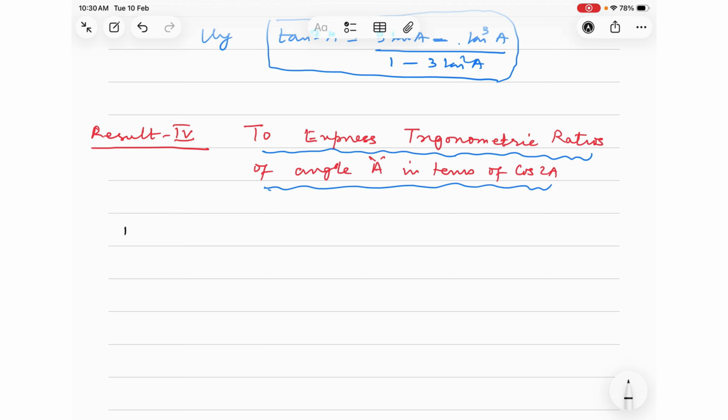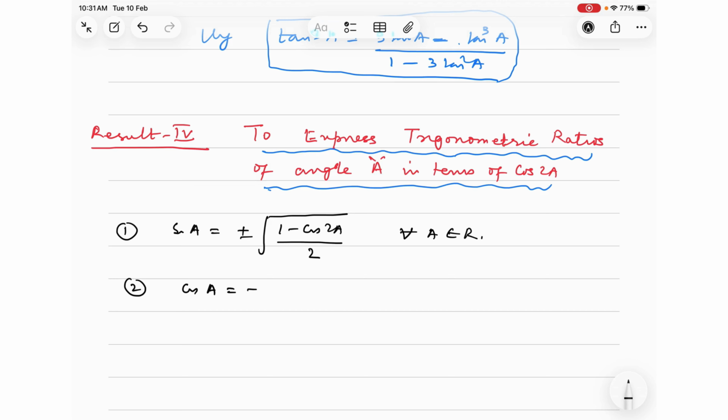Now the first result in this is sin A is equal to plus or minus under root of (1 minus cos 2A) by 2, for all angle A belonging to R. Cos A is equal to plus or minus under root of (1 plus cos 2A) by 2.